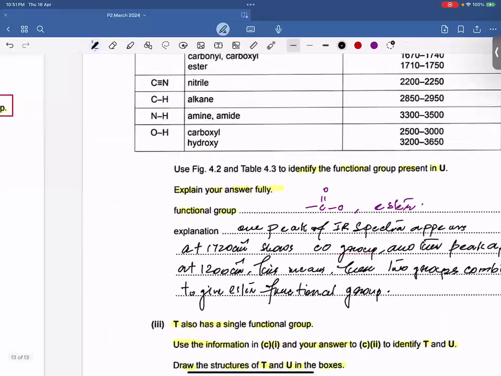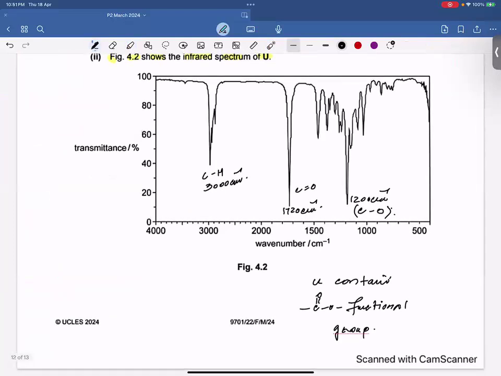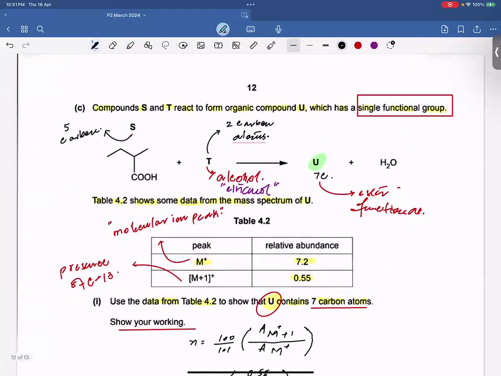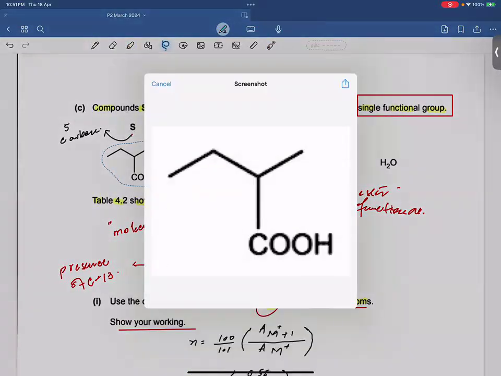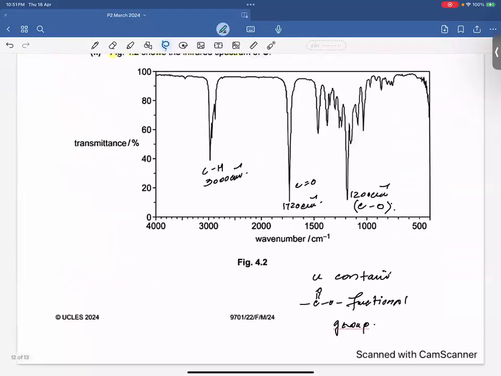Let's draw the structure of U. I don't have any space. Okay, let me write it down. Wait, let me take a screenshot so that I can make the structure conveniently for you.